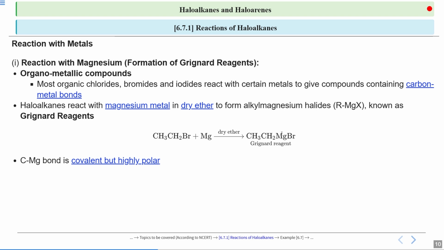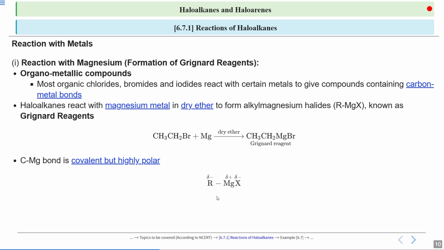The carbon and the magnesium bond here is covalent. That means the sharing of electrons is happening between the carbon and the magnesium. But also this bond is highly polar. So partial charges will be present at the carbon and the magnesium respectively.